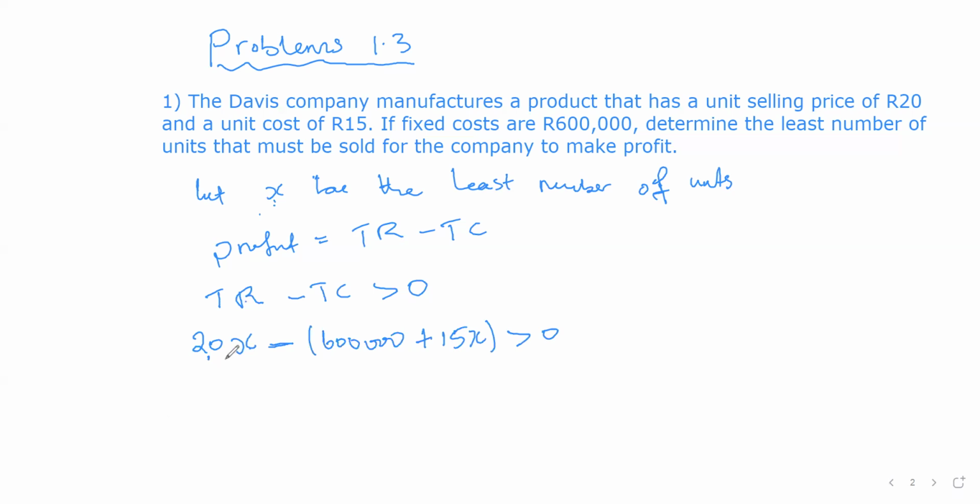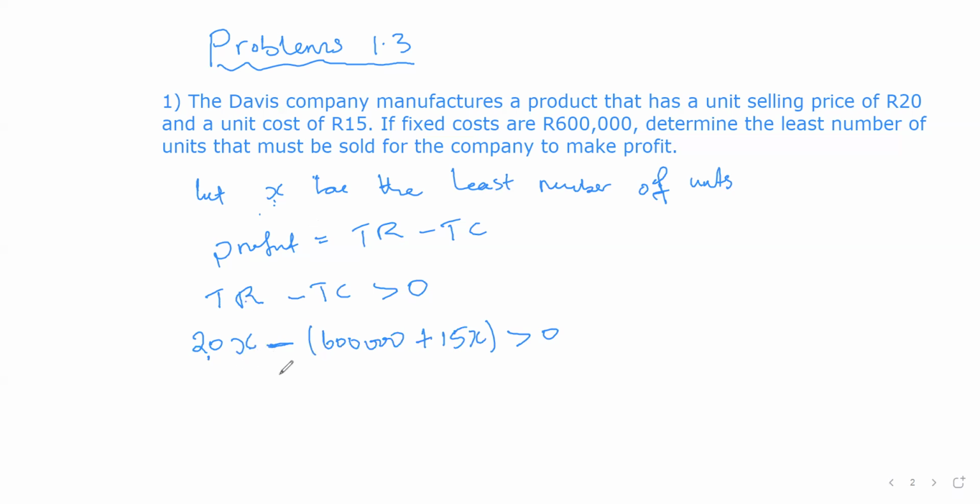Okay, so if we solve this inequality for X, where we have already declared that X is the least number of units that are required to be sold for there to be a profit, then we would have answered the question.